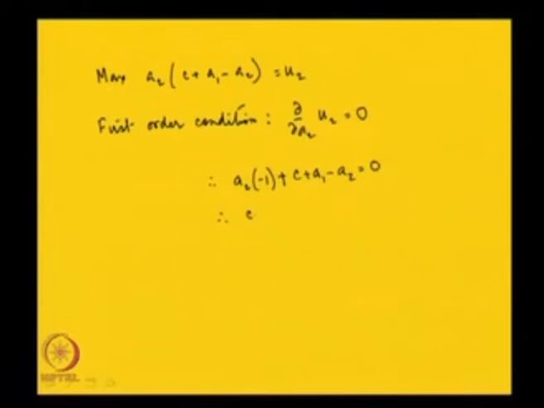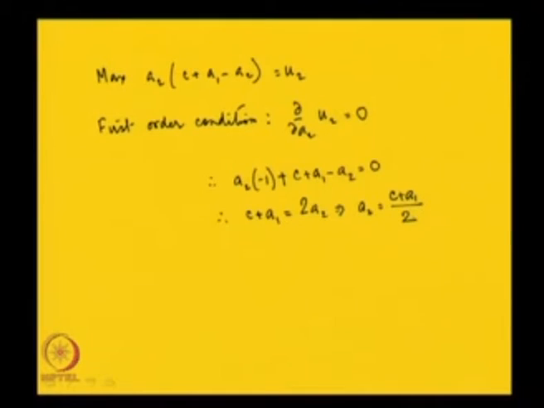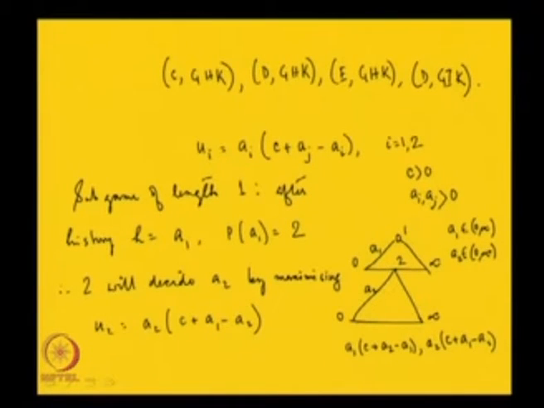So, c plus a1 is equal to 2a2, which means a2 is equal to (c plus a1) divided by 2. So, this is the optimal action of player 2. It is nothing but the best response function, if you remember. Player 2 is going to take this action, which is a function of a1. Whatever be the value of a1, this is going to be the value of a2. Now, what we are going to do is to go back to the subgame of length 2.